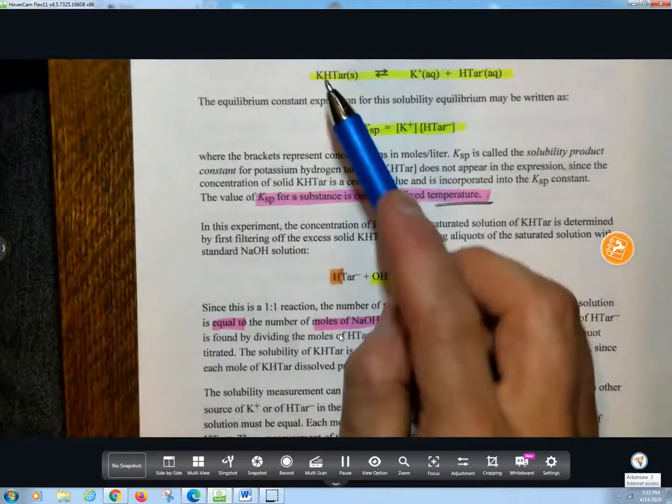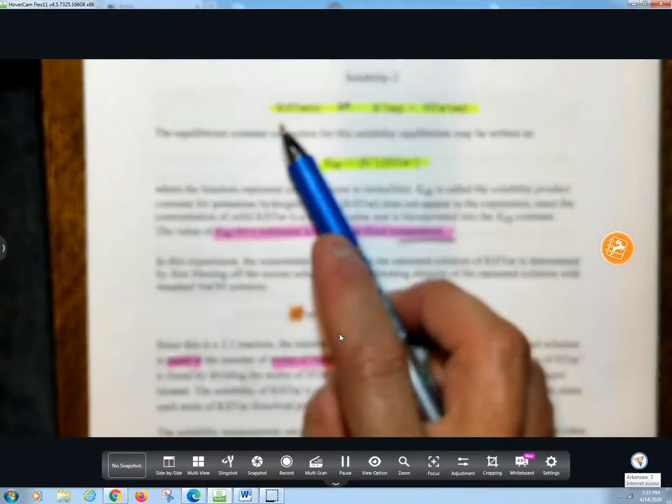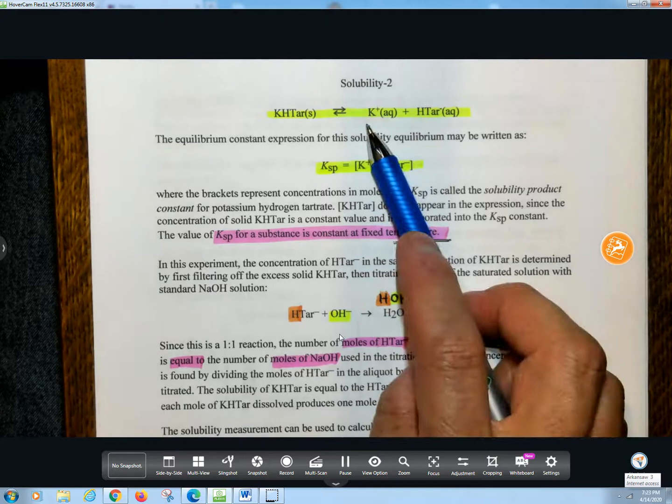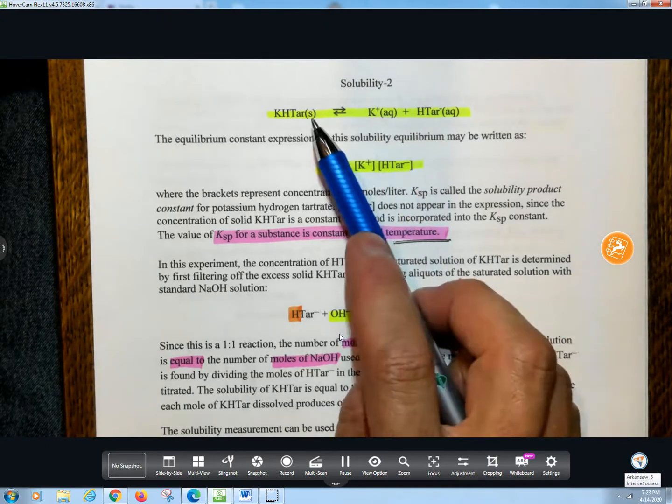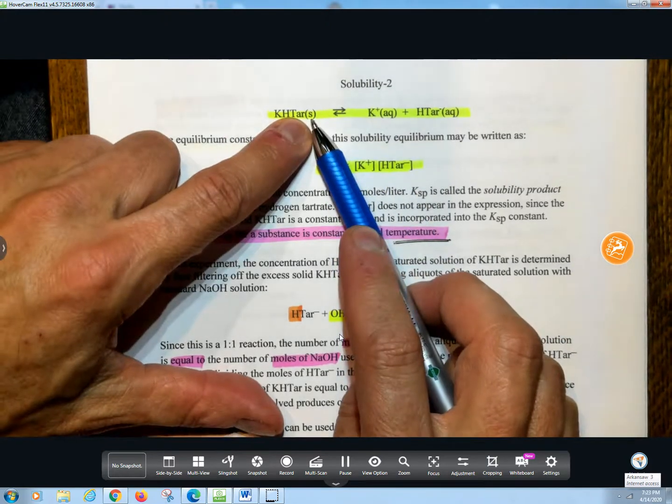So this is the shorthand way to do potassium hydrogen tartrate. Again, however, this shows a solid.